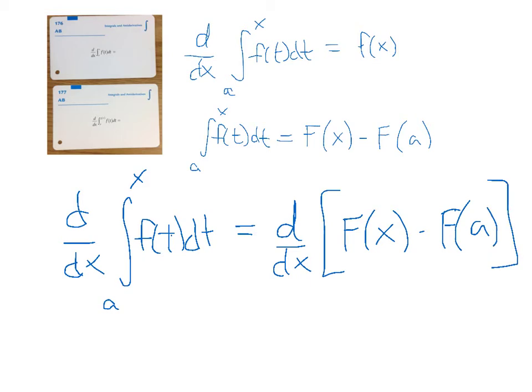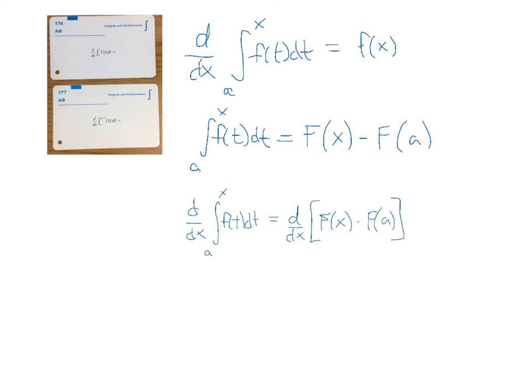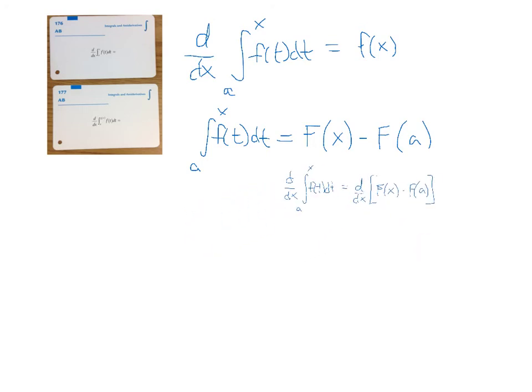Well, the thing on the left is what we're trying to find, so let's focus our energy on the stuff to the right of the equal sign. Again, we're going to make this a little smaller.